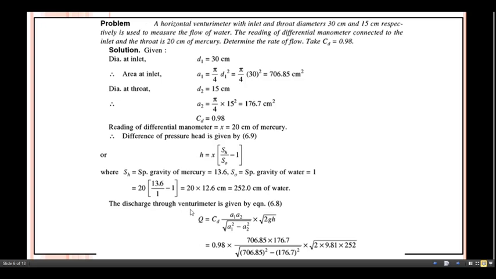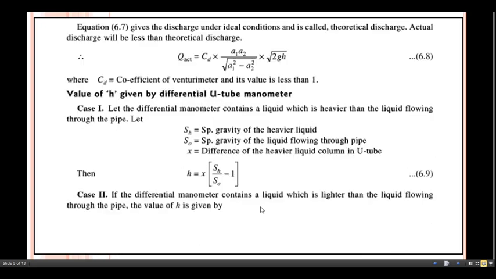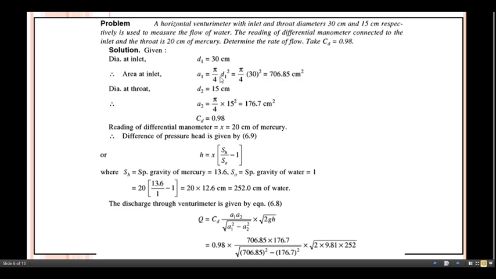The discharge through venturimeter is given by this relation, which is already with us. So substitute everything in that equation and do the calculations. CD with us, A1, A2, and 2GH. H we have already calculated from this relation.